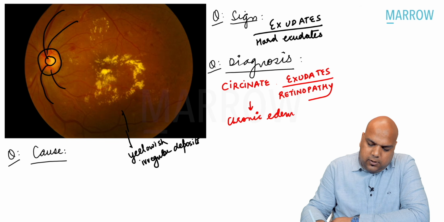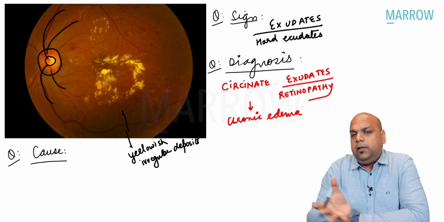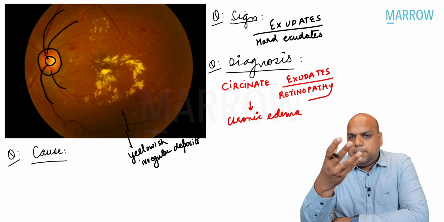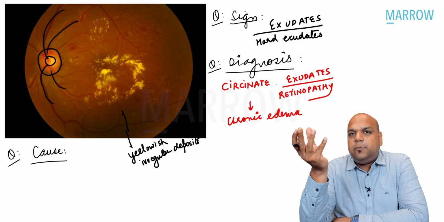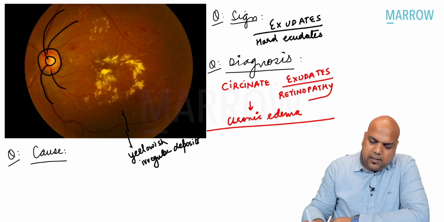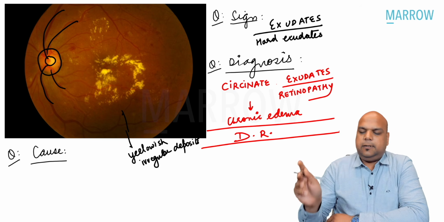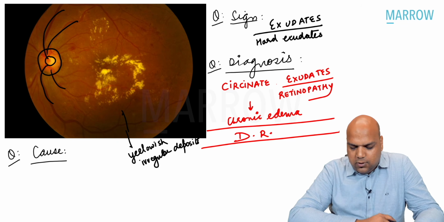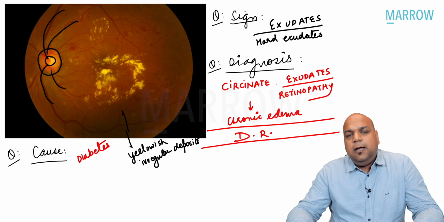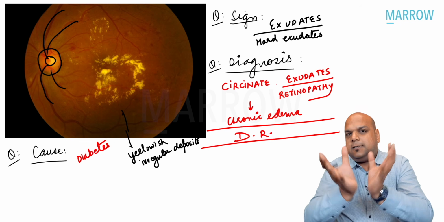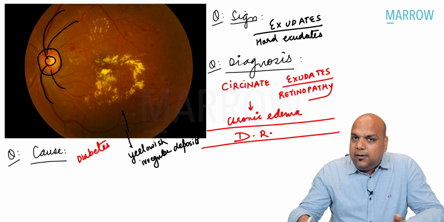When there is chronic edema, lipid deposits start forming around them to absorb the edema, to limit the edema, and it is usually seen in cases of diabetic retinopathy or diabetes. Causes, if you are asking me cause, I will say diabetes or diabetic retinopathy.